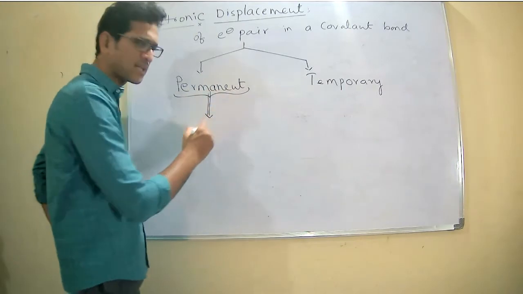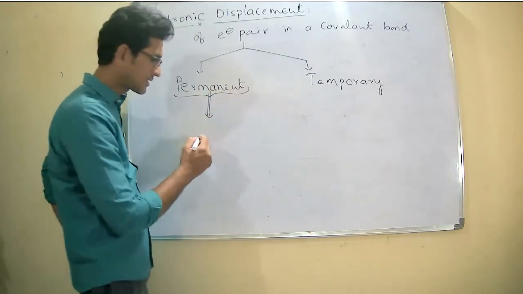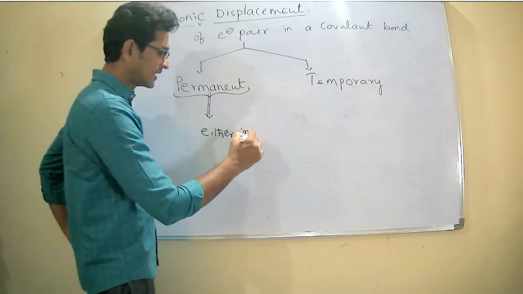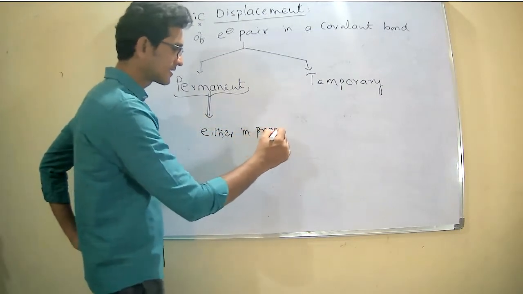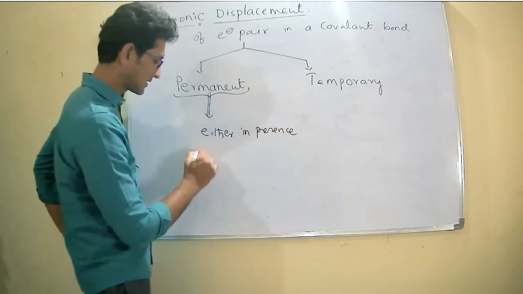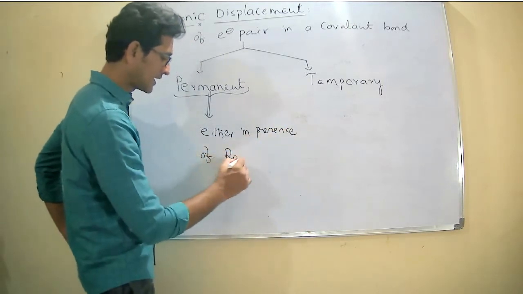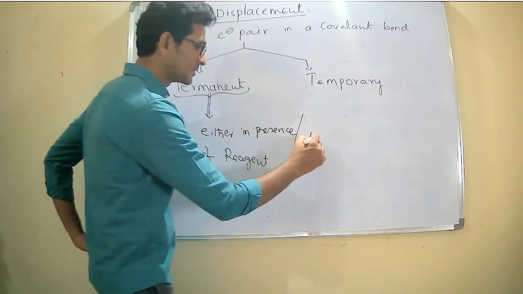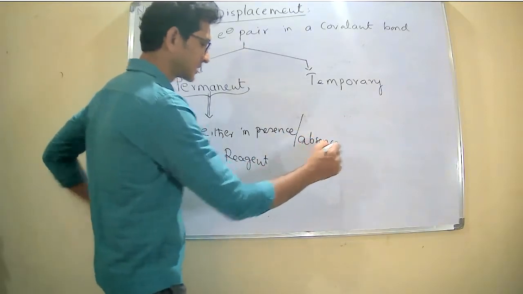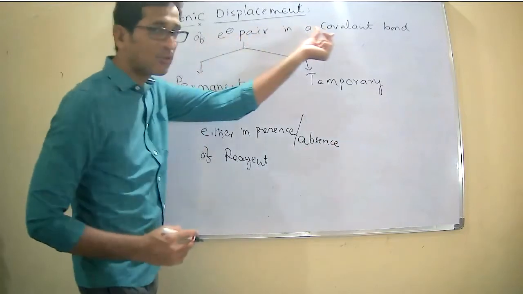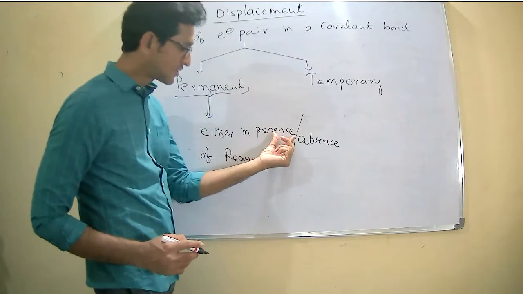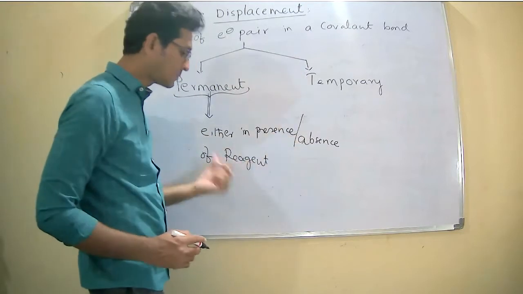The displacement of an electron pair in a covalent bond takes place either in the presence or absence of reagent.